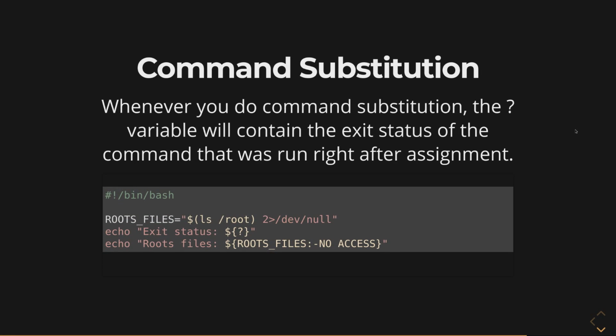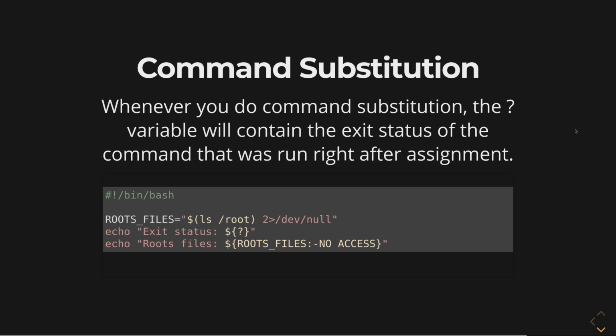Okay, now we've talked about exit status already, as in whenever a process exits and it encounters an error or a fault or something that it insists shouldn't have happened, it will save its exit status in the question mark variable.